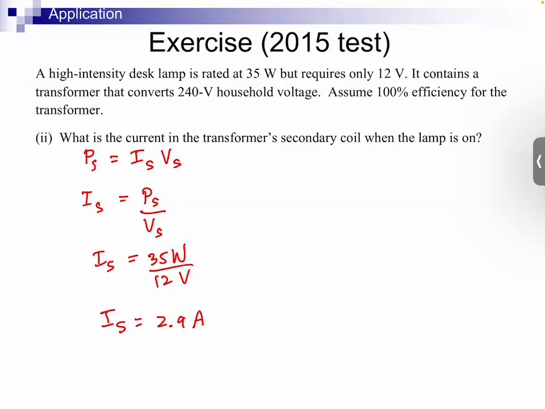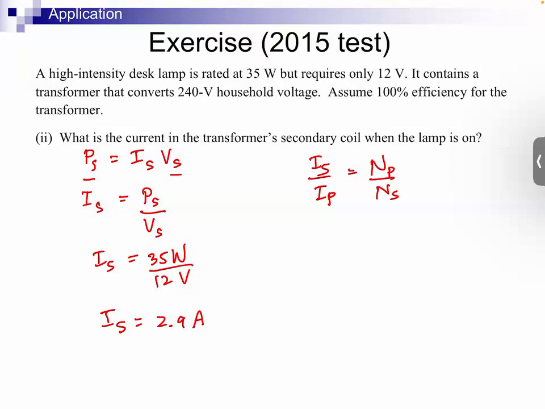So in this particular example, we use the definition for the power in the secondary because that's what we know. We know what the power is and we know what the voltage is. You can, of course, use the transformer equation relating the currents, Is over Ip is equal to Np over Ns.